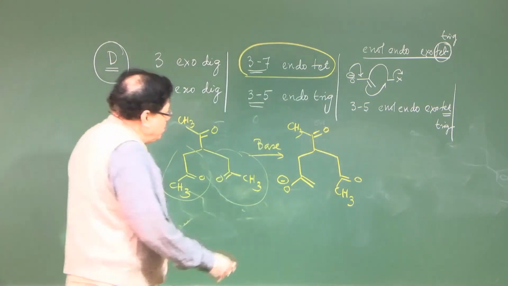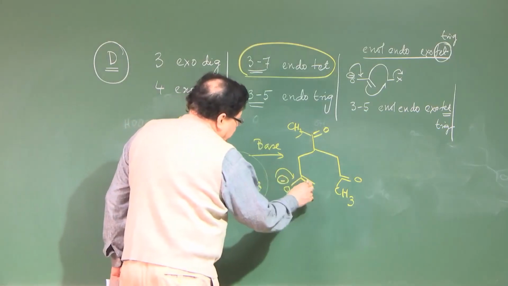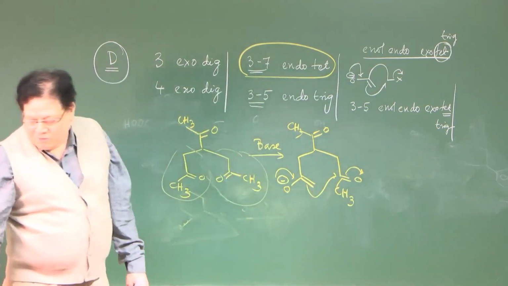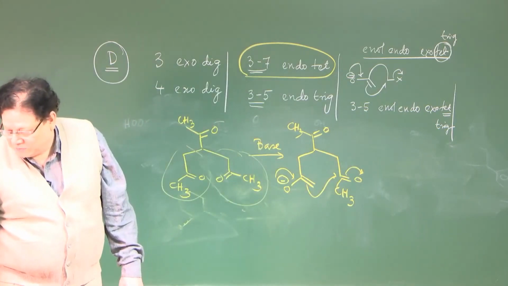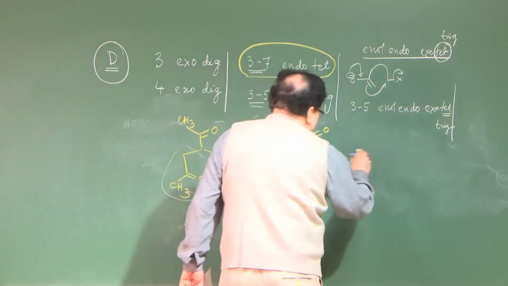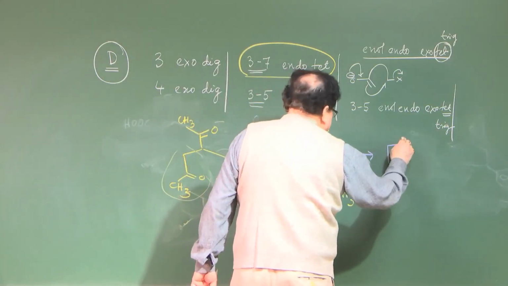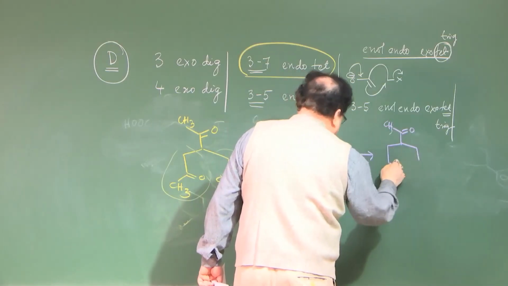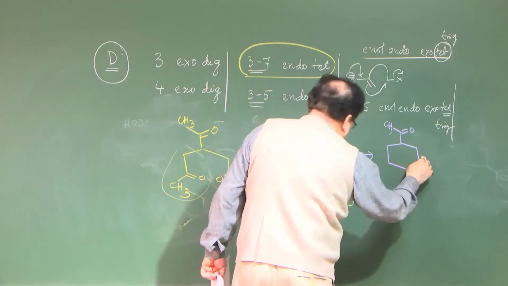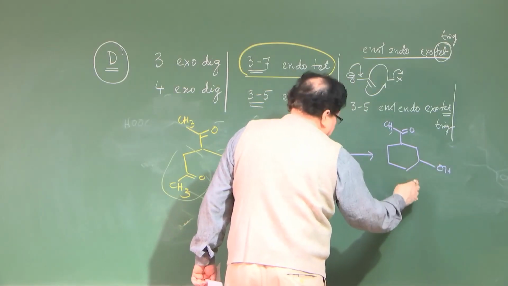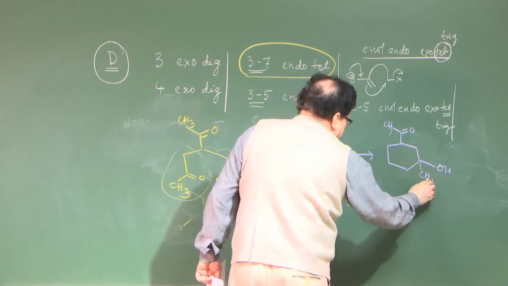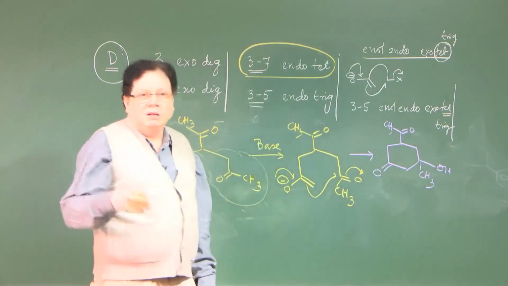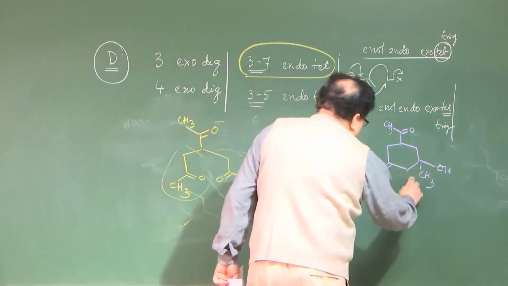And if you now do the cyclization, this will be the flow of electrons, and what you will get is COCH3 here, and that will become OH, and then there is a methyl, and this will be ketone. This is not the final product, this is the aldol, and then it will undergo dehydration.